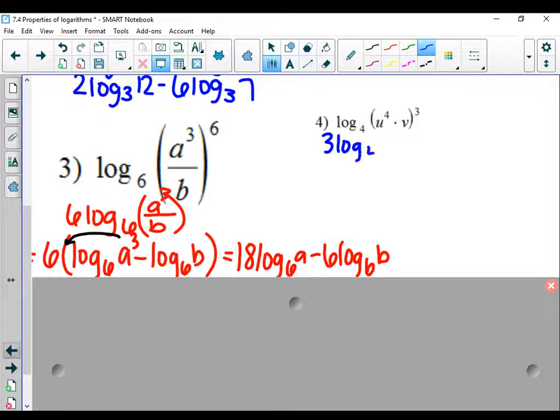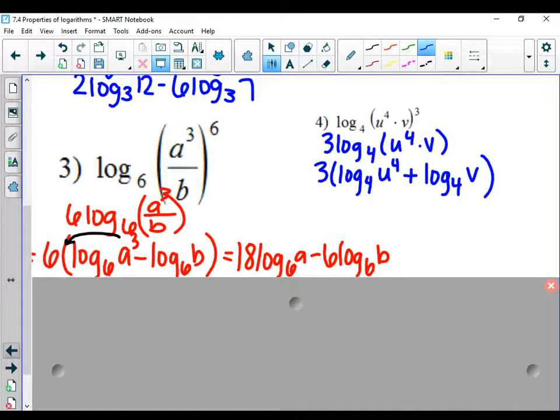Okay. Then you can expand out the u to the 4th times b to the 3, log base 4 of u to the 4th plus log base 4 of b. Then what?